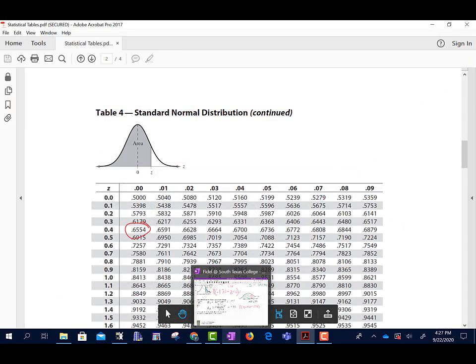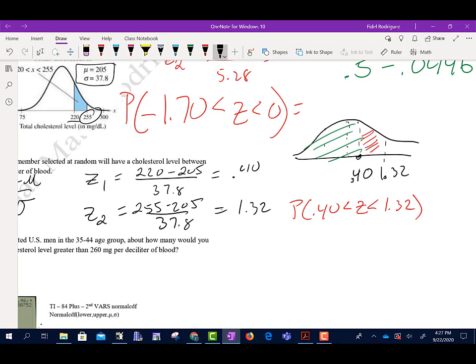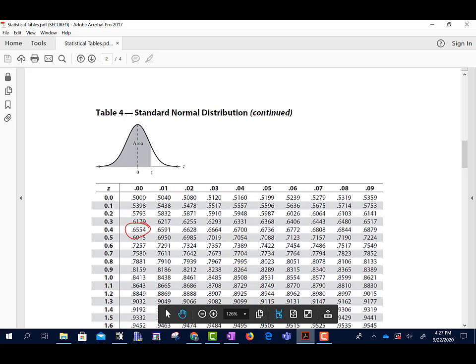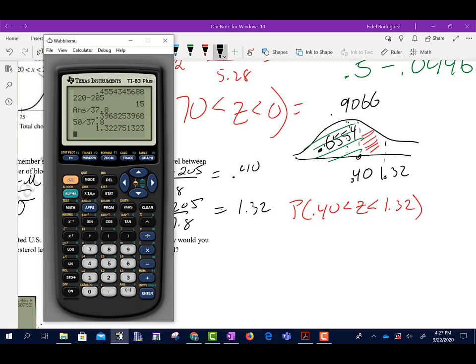And 1.32 is this area right there, which is 0.9066. Then we'll just take our calculator and subtract those two numbers.